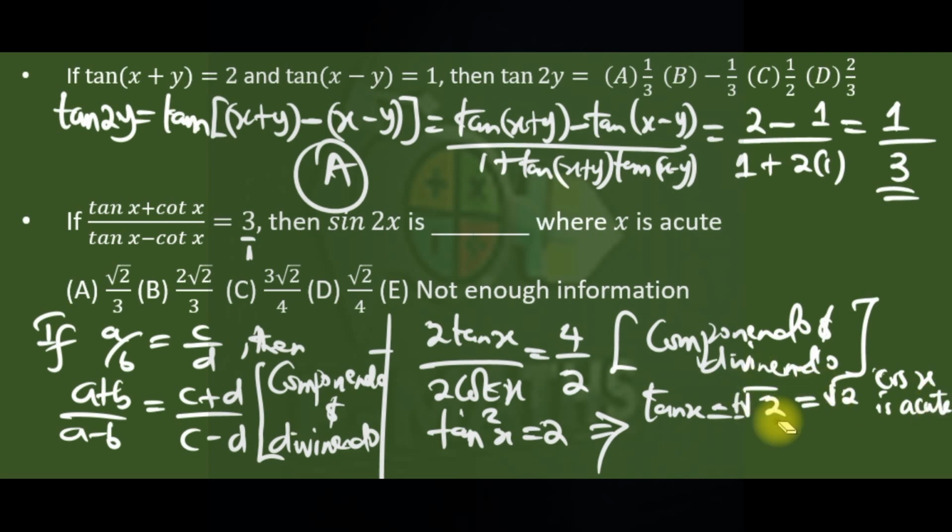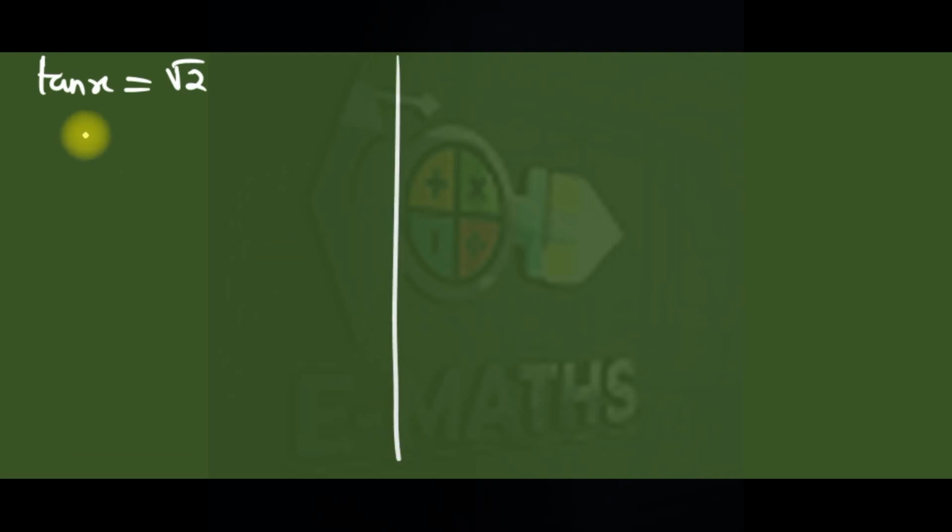So to find sine 2x, I've said that we've gotten that tan x is root 2. From this, we can draw a right angle triangle using our SOHCAHTOA.